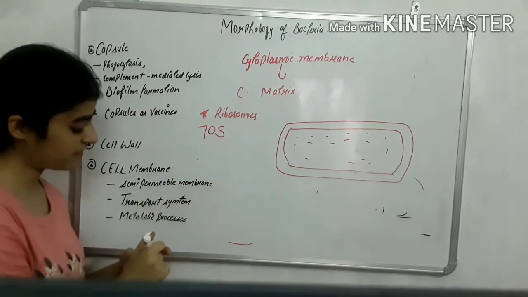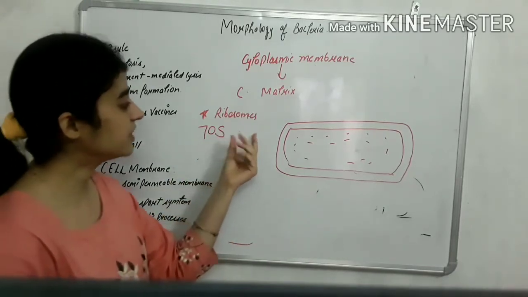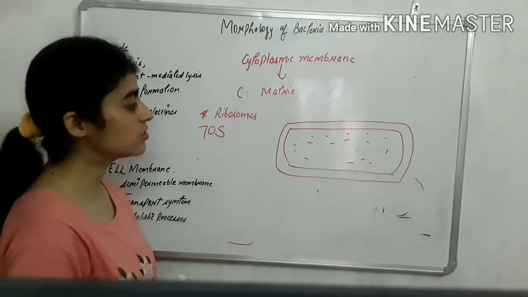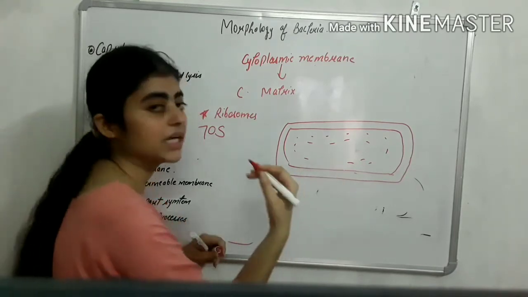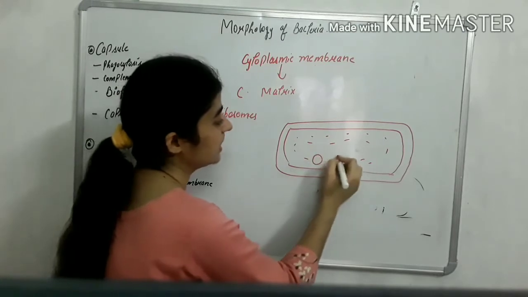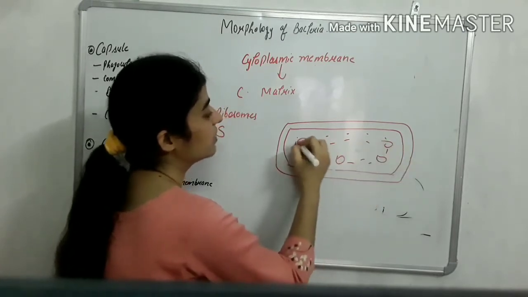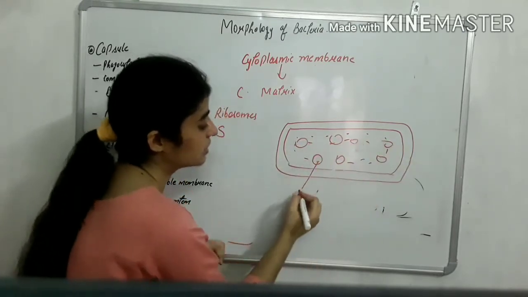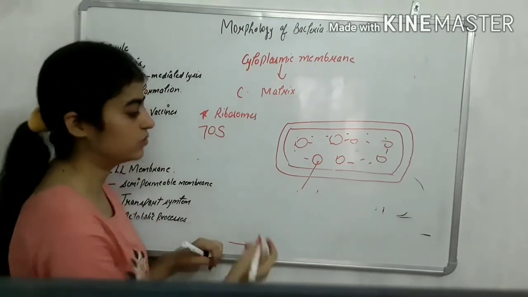Next, after ribosomes, there are also inclusion bodies present inside the cytoplasmic matrix. Now what are these inclusion bodies? These inclusion bodies are storage granules.